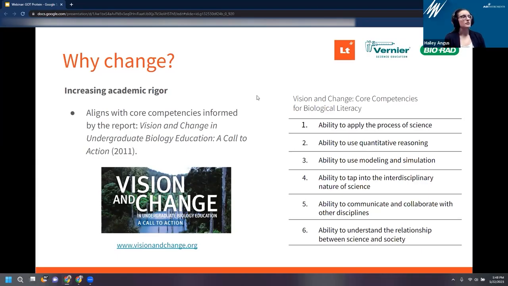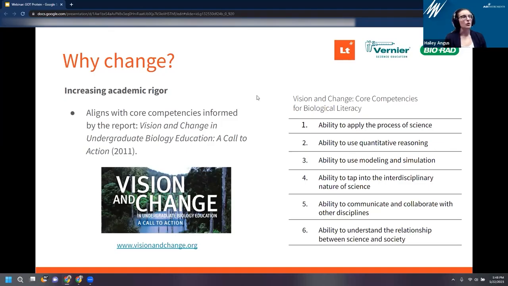But if you have students that are pursuing a profession in biology, chances are they're going to want to get an undergraduate degree in biology, or maybe they're going to pursue higher. And this paper came out in 2011 that talked about the core competencies that we expect our students who come out with a BA or a BS in biological sciences should be able to do, these 6 things. And if you've given them a degree and they're not capable of doing these 6 things, then maybe you've missed something along the lines.